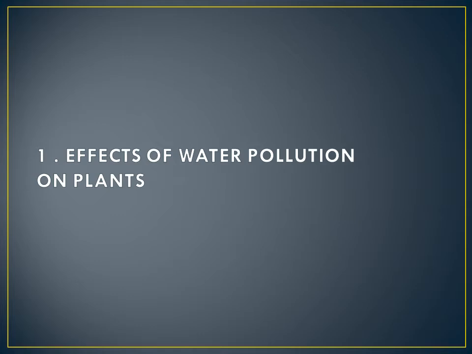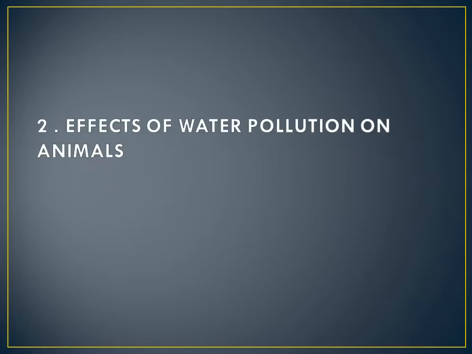As you are all aware, what is photosynthesis? Photosynthesis is a process through which plants make their own food. So, if photosynthesis is hindered, is affected, the plants are not going to survive. They are going to dry and die.